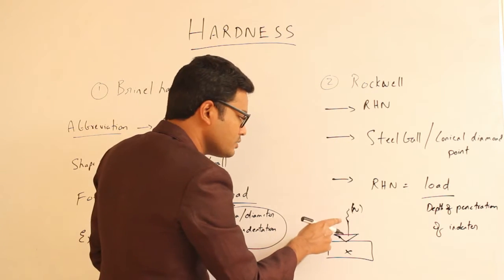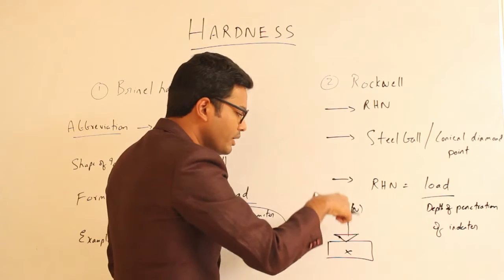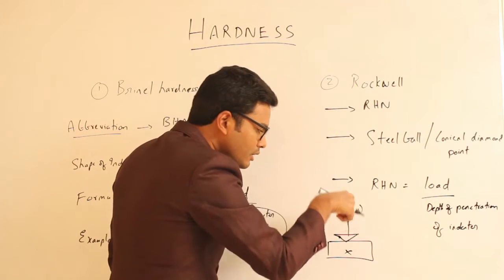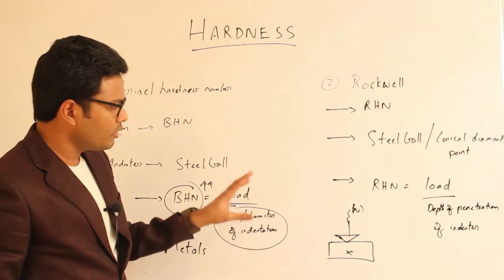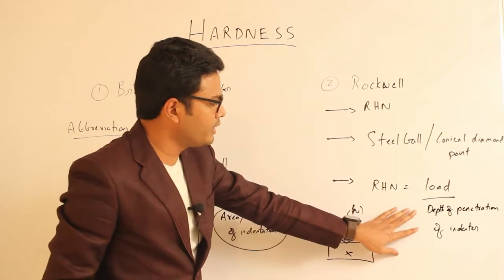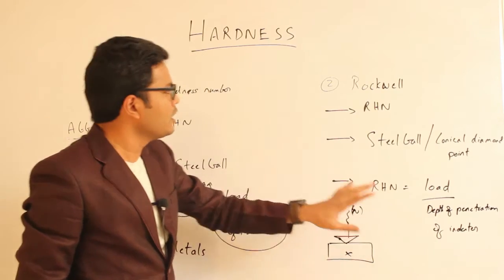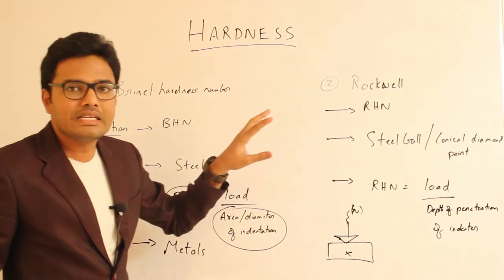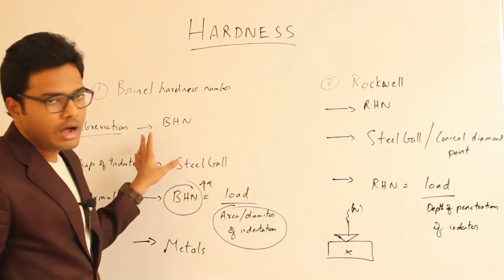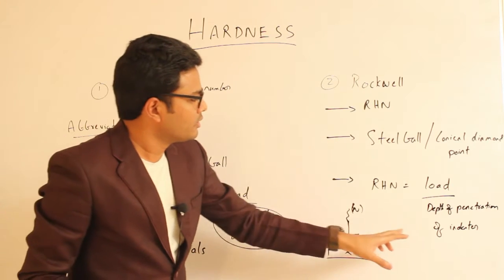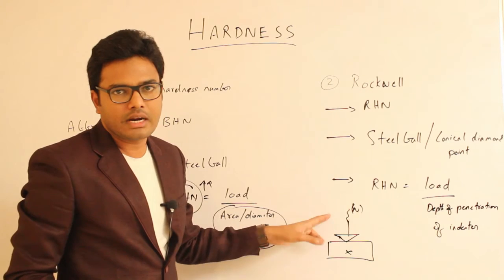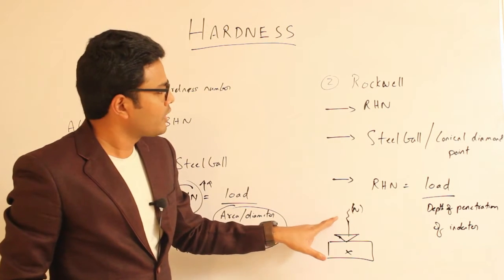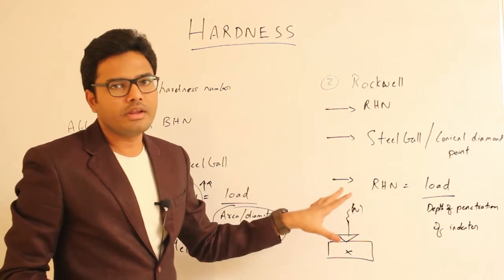This dial gauge directly measures the depth of penetration of the indenter into the material. So the value which we obtain here is comparatively easy. That is, Rockwell hardness is easy to measure compared to Brinell hardness, because here the depth of penetration is given by the device itself as it contains a dial gauge. So compared to Brinell hardness, it's more convenient.